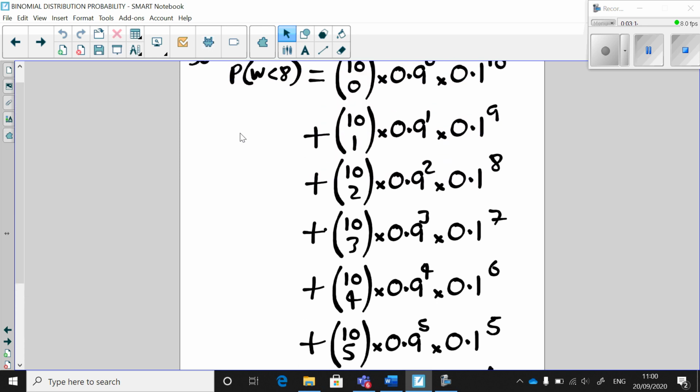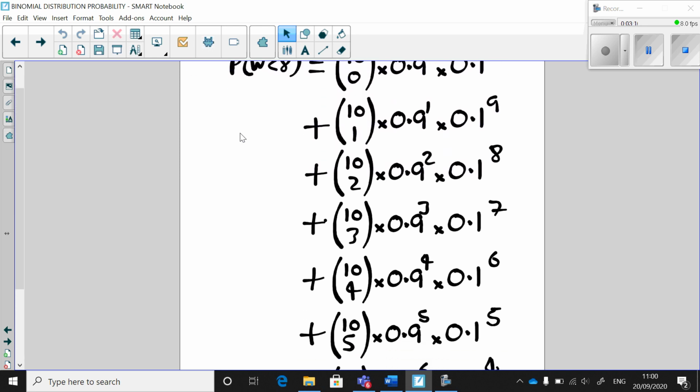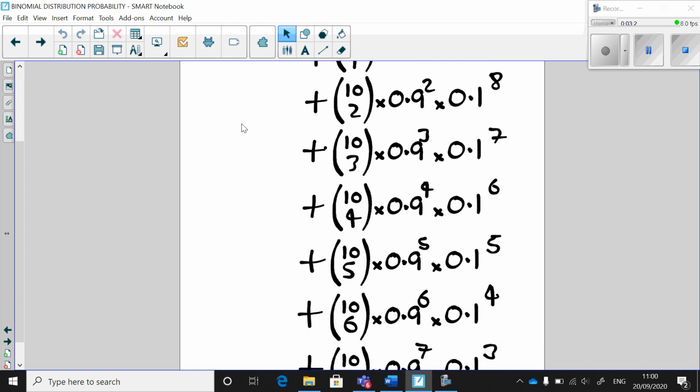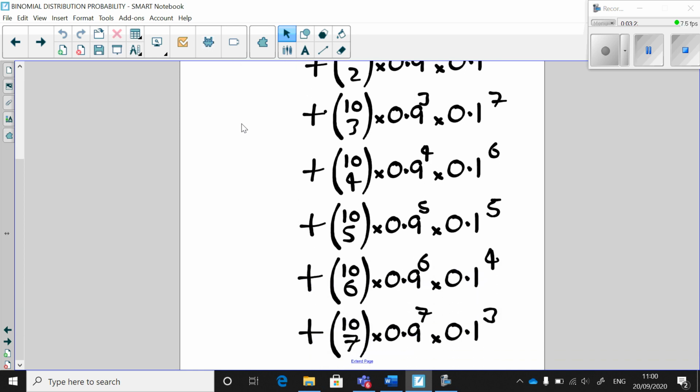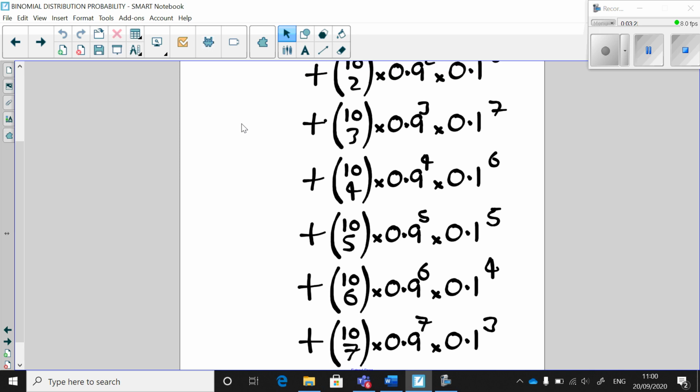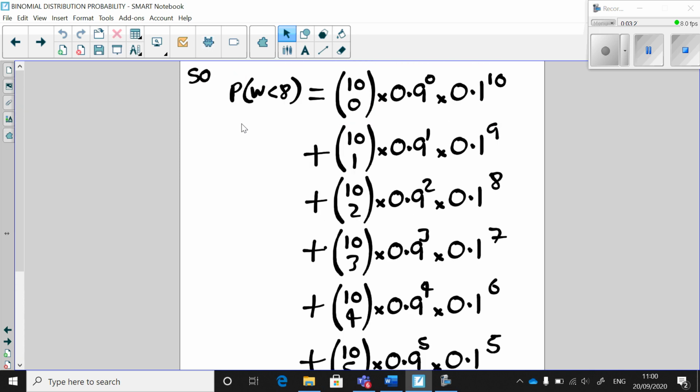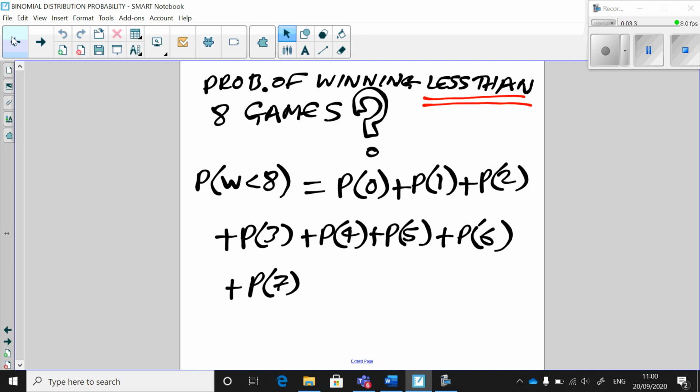You know how many calculations you've got in total there? Pick the top 1, 2, 3, 4, 5, 6, 7. In fact, I'll go back to the other page and see if it's in that other page. You can see counting from 1 to 7, that is 7, but we need to include 0. So there's actually 8 probabilities we're calculating here.